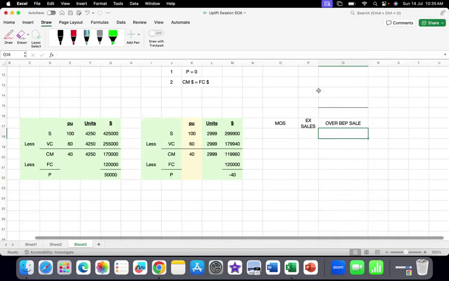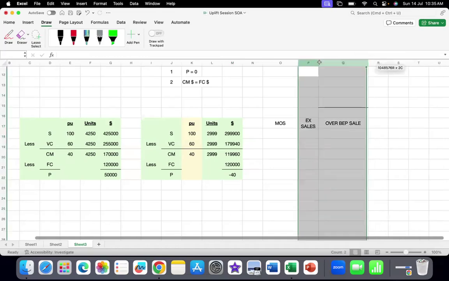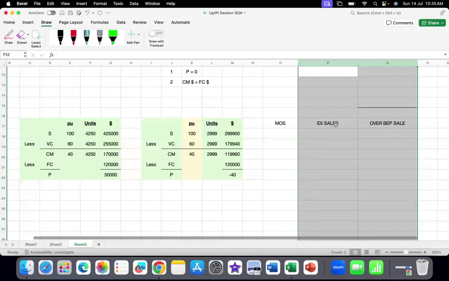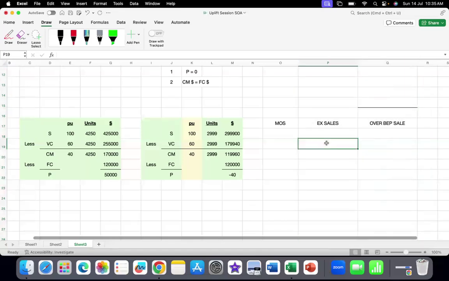So it's excess sales, that is more sales above your BEP sales. The more you have, the better it is. So it's basically actual sales less your BEP sales. This would always be a dollar value.